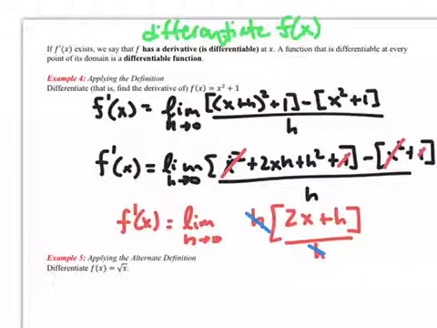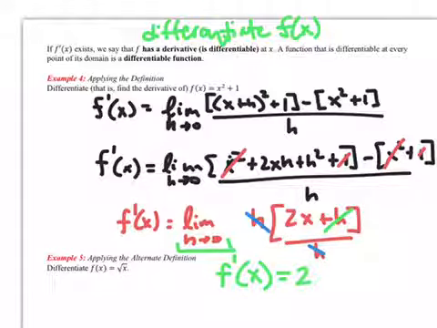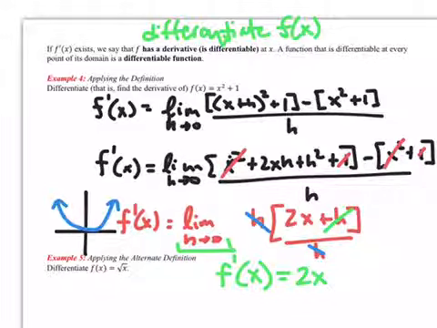And what we get is that the limit as h goes to 0, as h goes to 0, that will go away. We see that the derivative will equal 2x. Now what's interesting about this is we got the same thing for x squared. But how's that possible, right? So here we've got x squared, and here we've got x squared plus 1.